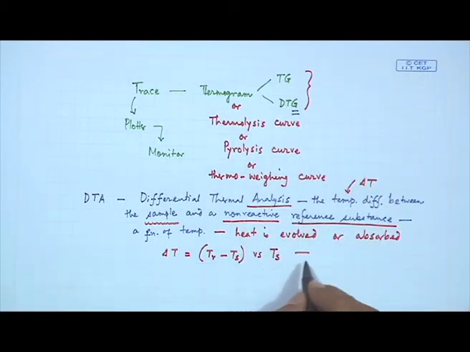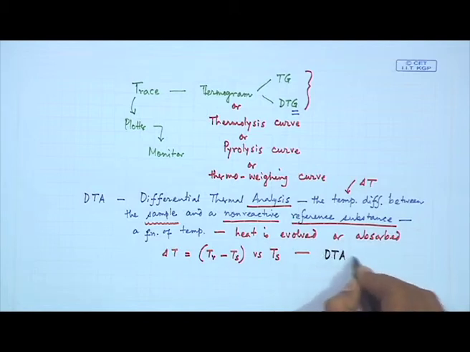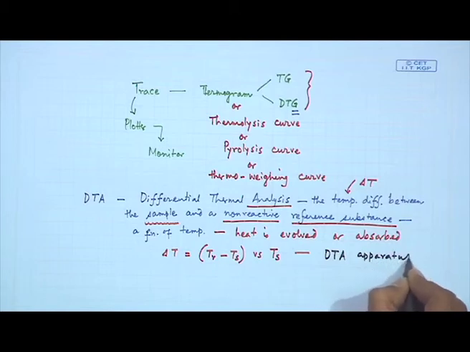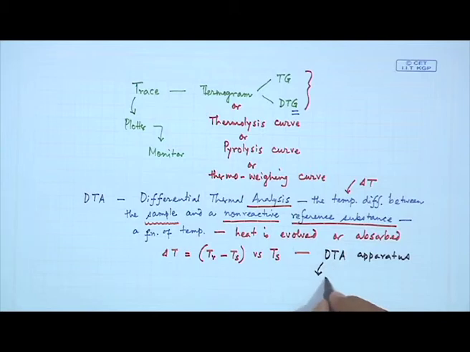So, the DTA is an inbuilt process, or the instrument is also dedicated for differential thermal analysis, and thus we can have a typical DTA apparatus, and that DTA apparatus will be useful to monitor all these things, and we get a corresponding DTA curve or the DTA plot by the machine.